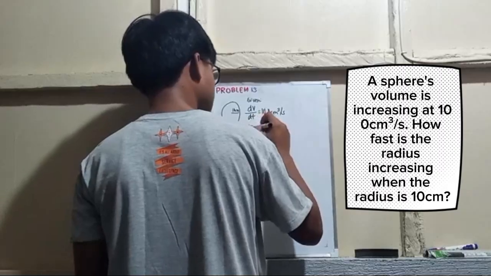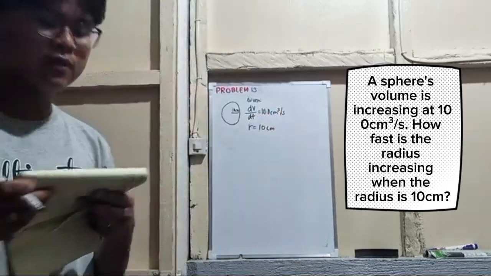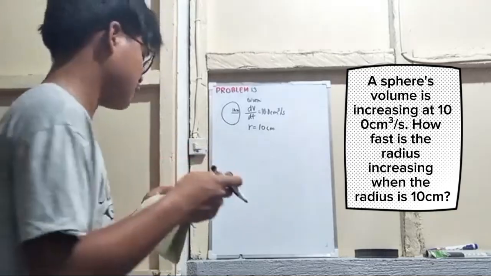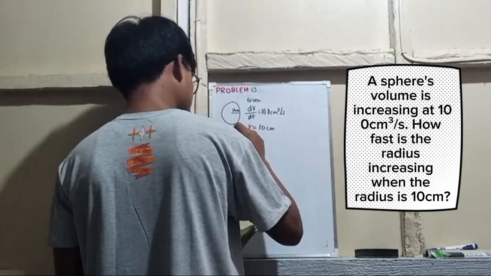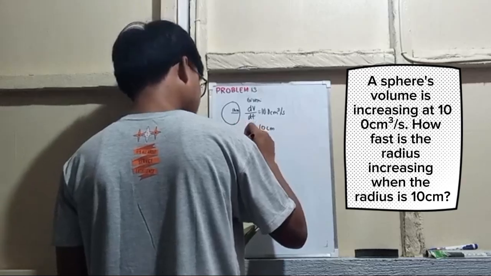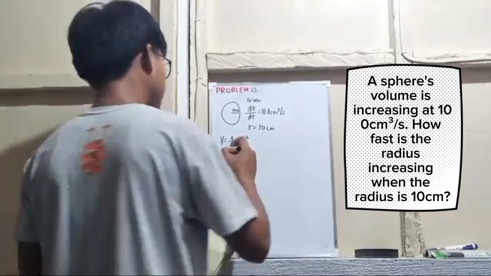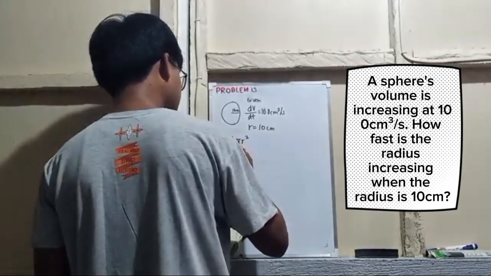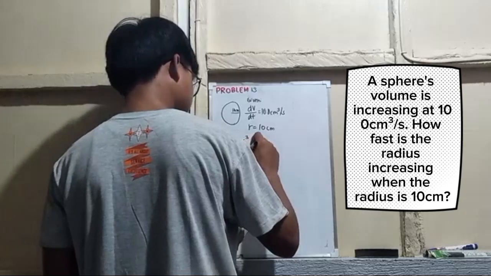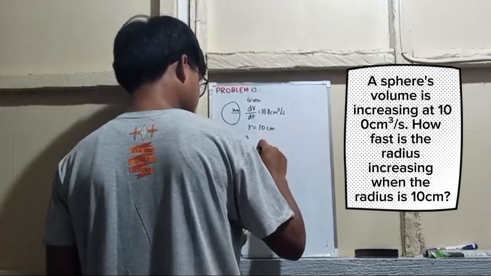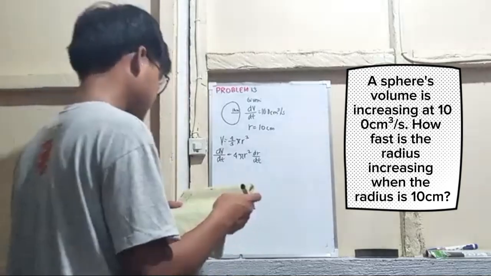The radius is 10 centimeter. So we all know that the formula for the volume of a sphere is equal to 4/3 pi r cubed. Now we will differentiate the formula, so we will get dV/dt equals 4 pi r squared dr/dt. Then we will substitute the given into the formula.